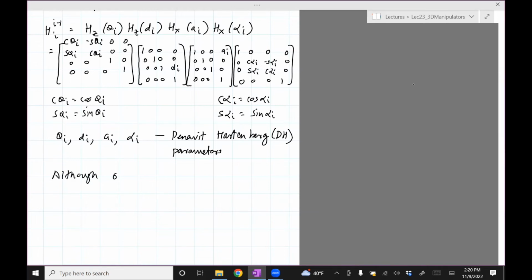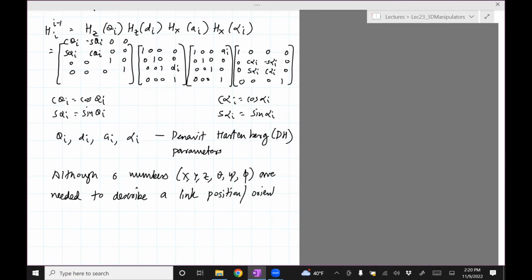All those 6 numbers, that will be x, y, z, theta, psi, phi, are needed to describe a link, position and orientation. DH does this with only 4.